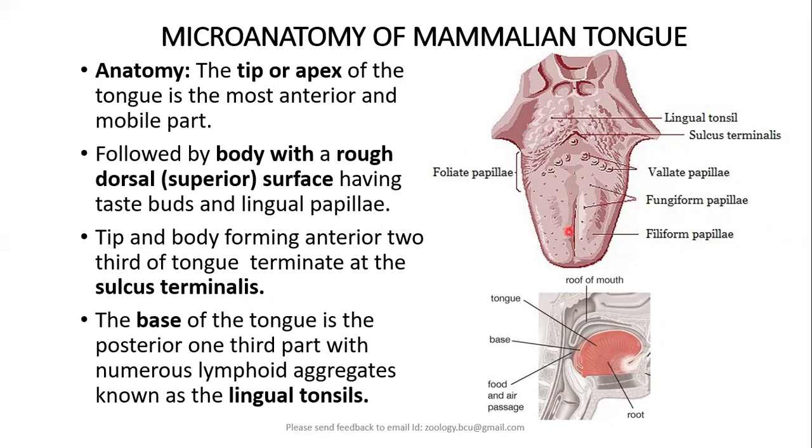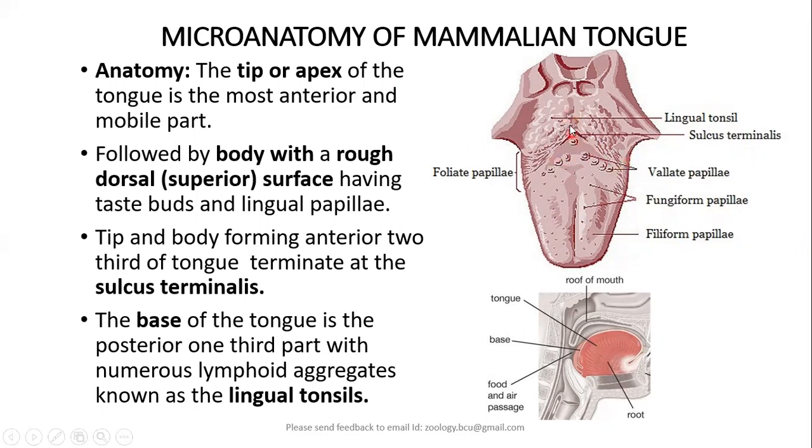The tip and the body of the tongue form the anterior two-thirds of the tongue, which terminates in a V-shaped sulcus terminalis.